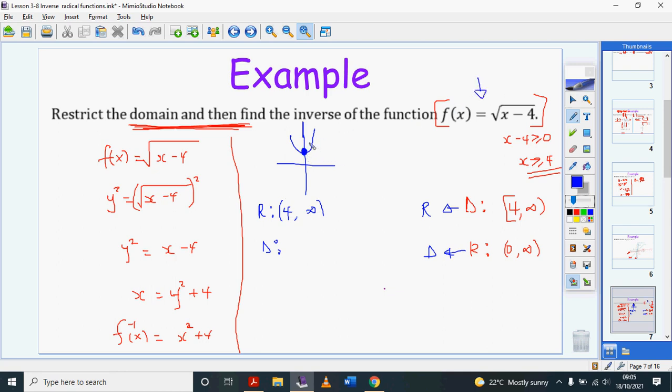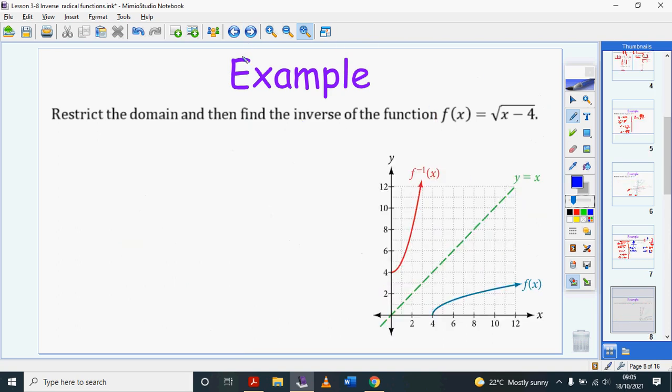And not being a 2 to 1 means it has to pass the horizontal line test. So that means it has to start from here, which is 0 to infinity. Right? 0 to infinity. So yeah, that's how you do that one. And this is the sketch of that graph. I hope you can see the inverse is the one that's up here, and the original function is that one over there.